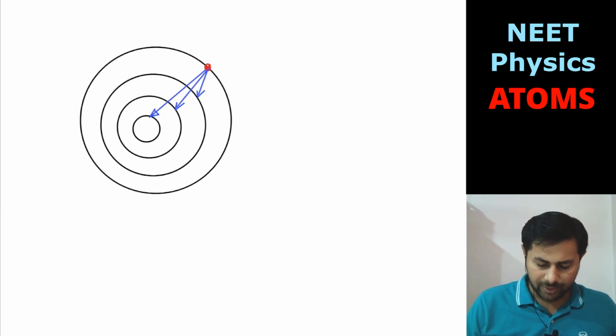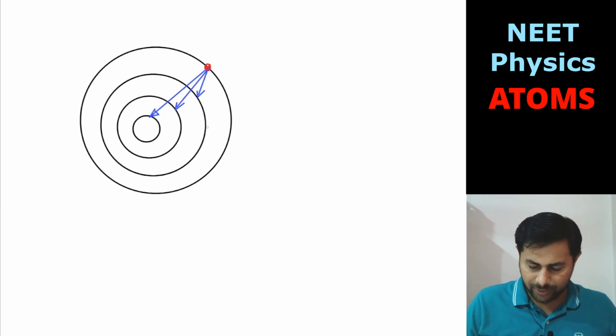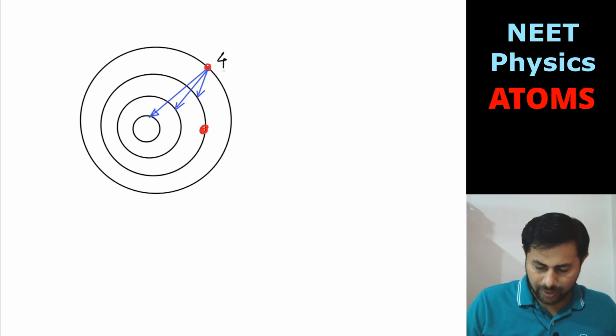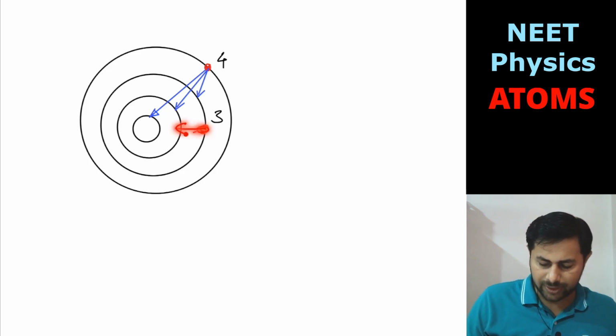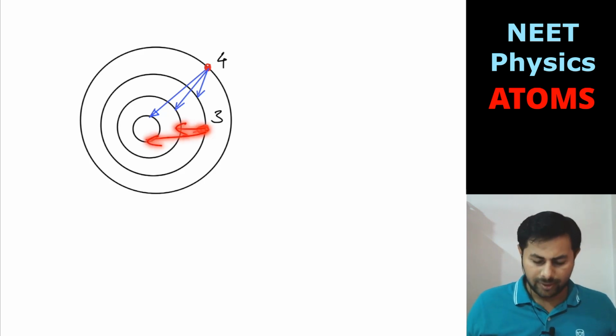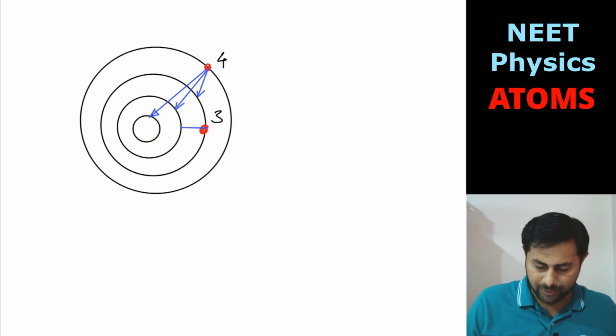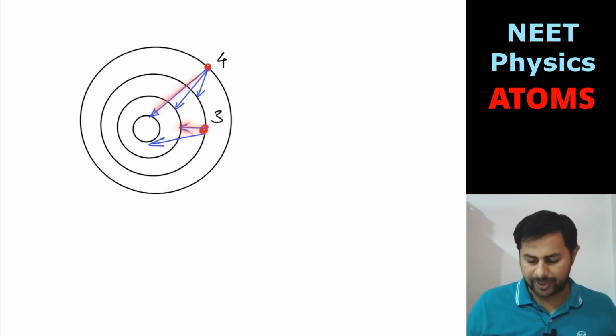So when it goes from fourth to third, from there it can jump to the second and first. So this is 3 plus 2, 5 spectral lines.